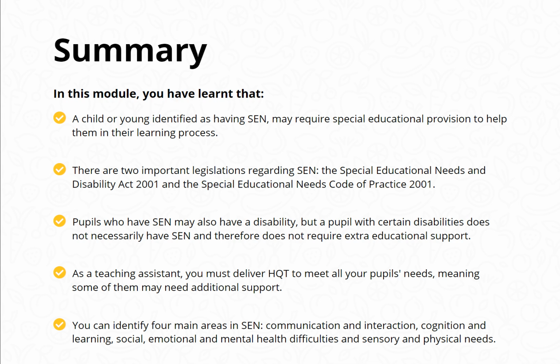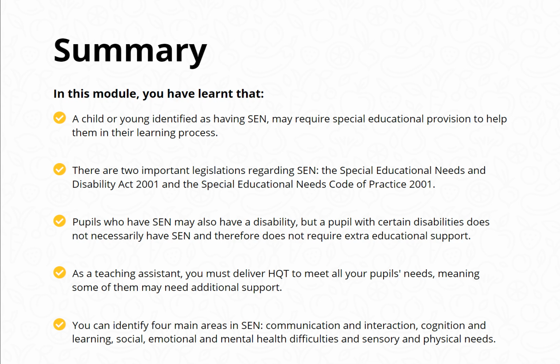There are 2 important legislations regarding SEN, the Special Educational Needs and Disability Act 2001, and the Special Educational Needs Code of Practice 2001. Pupils who have SEN may also have a disability, but a pupil with a disability does not necessarily have SEN and therefore may not require extra educational support.